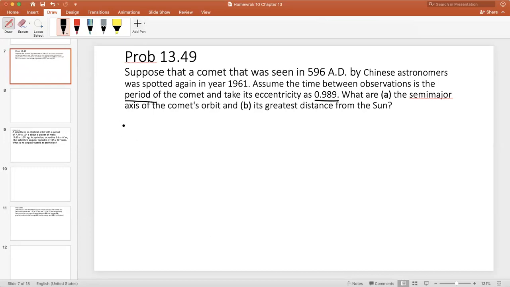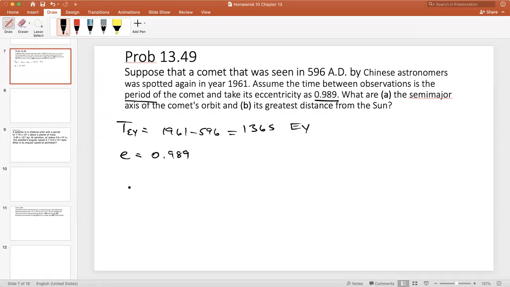So we are given that the time in years, Earth years, is 1961 minus 596. That is 1,365 years, Earth years. Okay, we'll talk about that in a minute. We're told that the eccentricity is nearly 1.